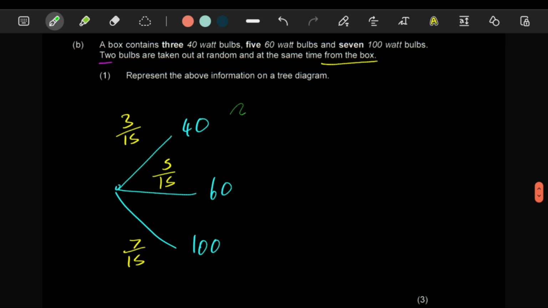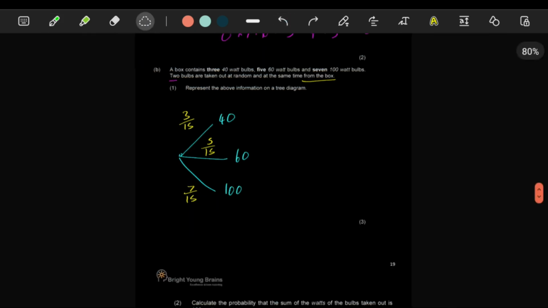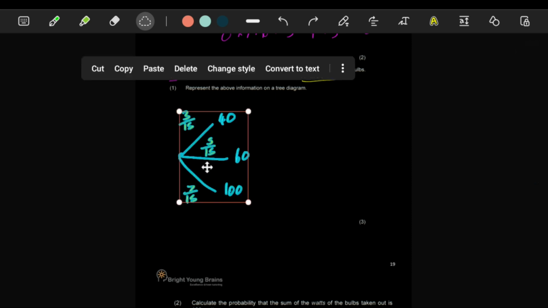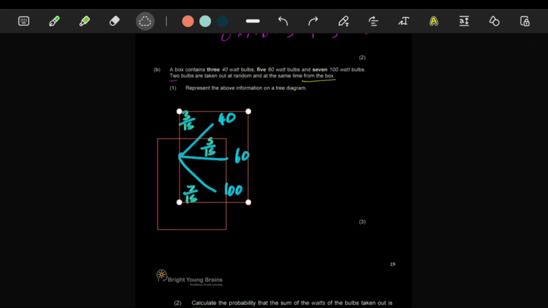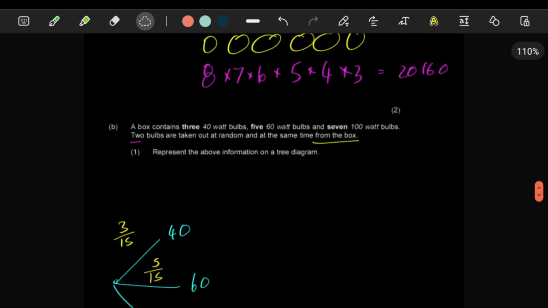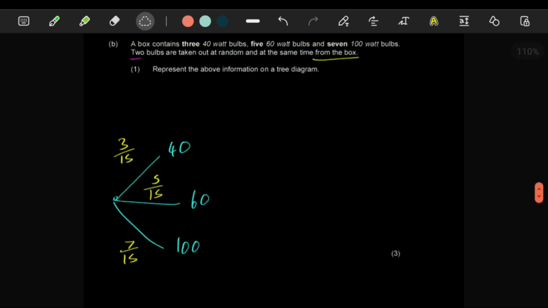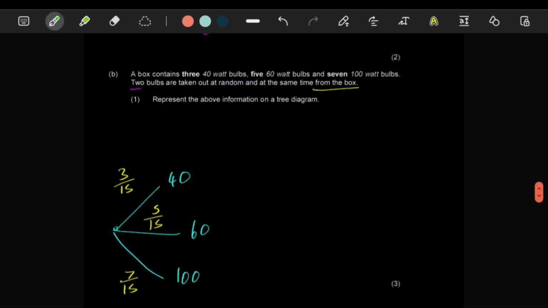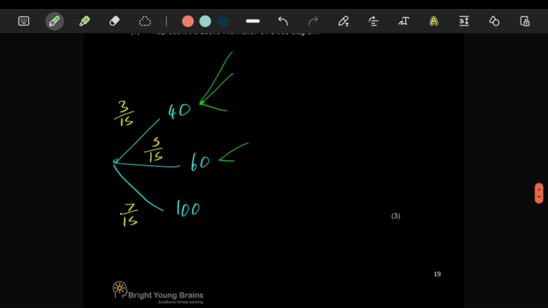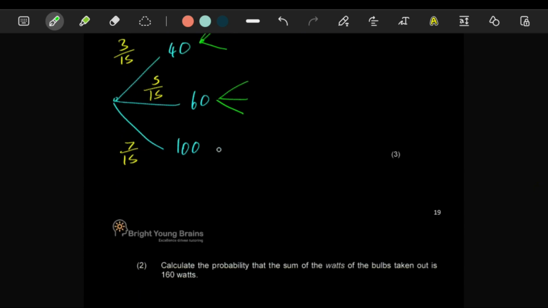Whoa. Let me create myself some space, because this is the scenario when you take out the first bulb. You're either gonna take out this one, or this one. Now when you take out the second bulb, remember, whatever you choose first doesn't affect what options you have after. Here you still just have 3 options to choose from.